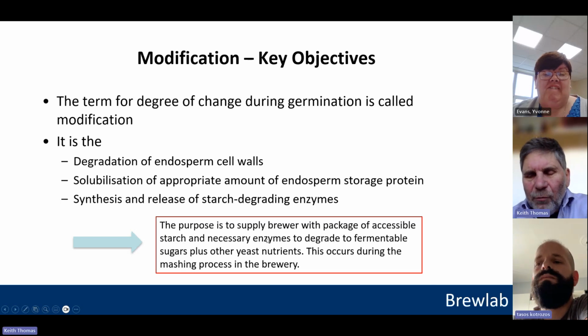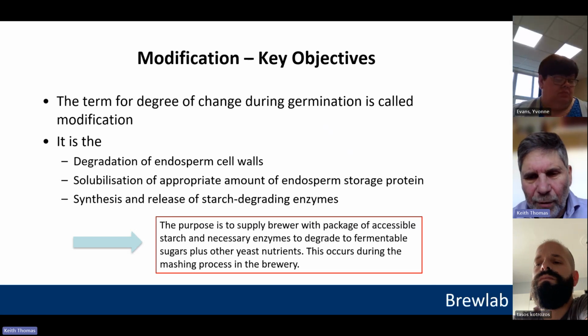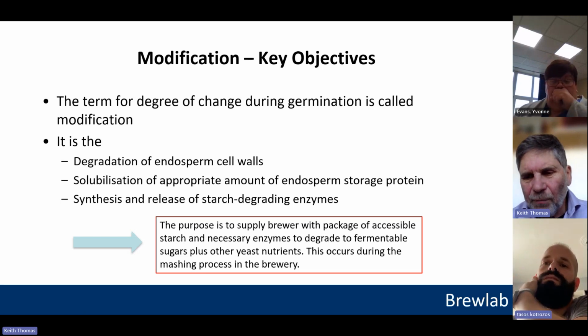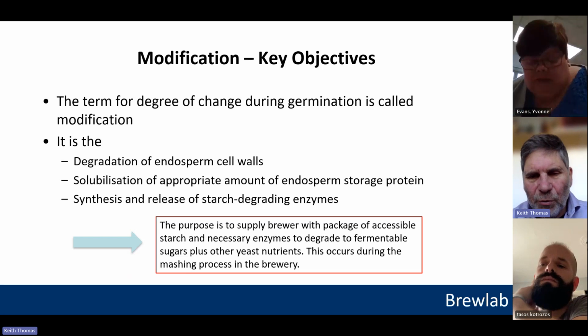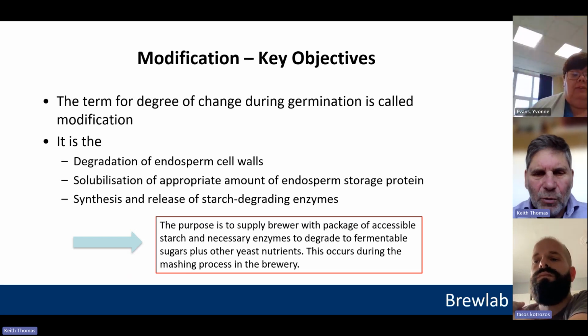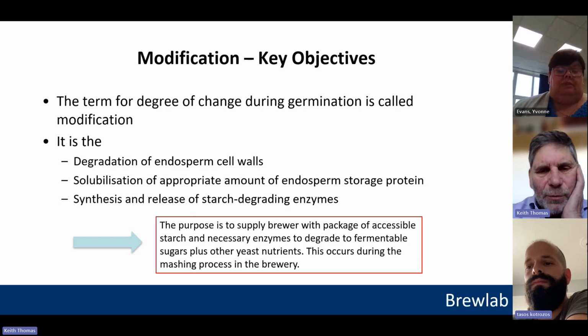The brewer wants to have nice, tight, readily crushable grains, friable grains, which when they are broken, they release the starch grains out into the mash. You don't want more protein to be still stuck there. You don't want the cell walls to be present.